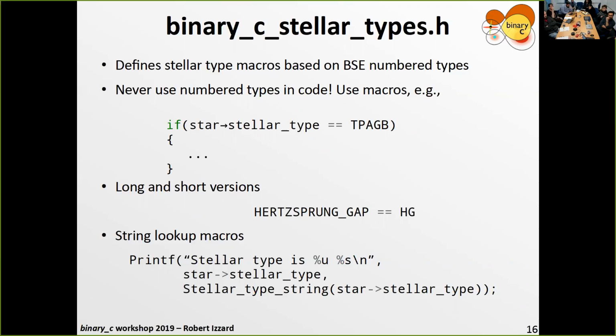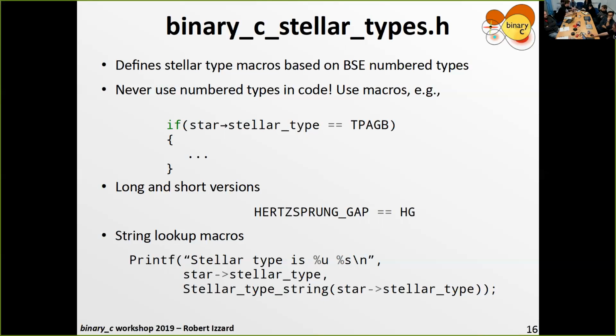Please do not ever use the numbers for the Stella types, because it makes it much harder to debug the code when you do that, particularly for other people looking at the code. The reason these are set up as words is because our brains work that way much better than with numbers. And you never know, we may redefine the numbers. Shouldn't happen. It's not happened ever yet, but it might.